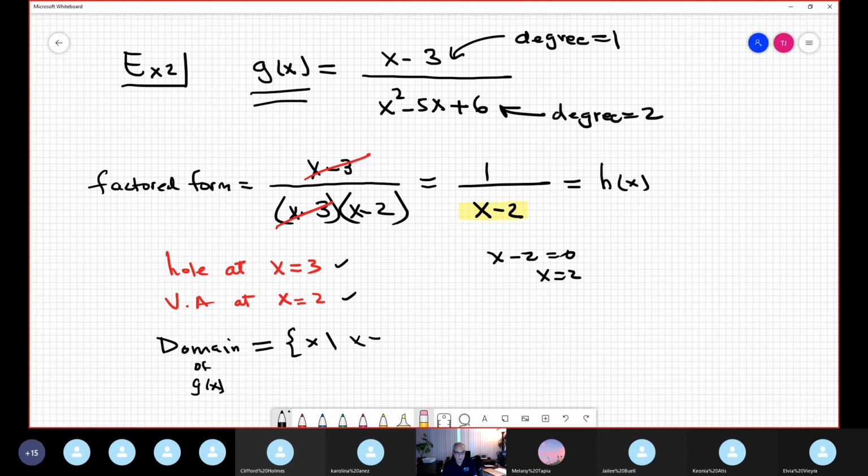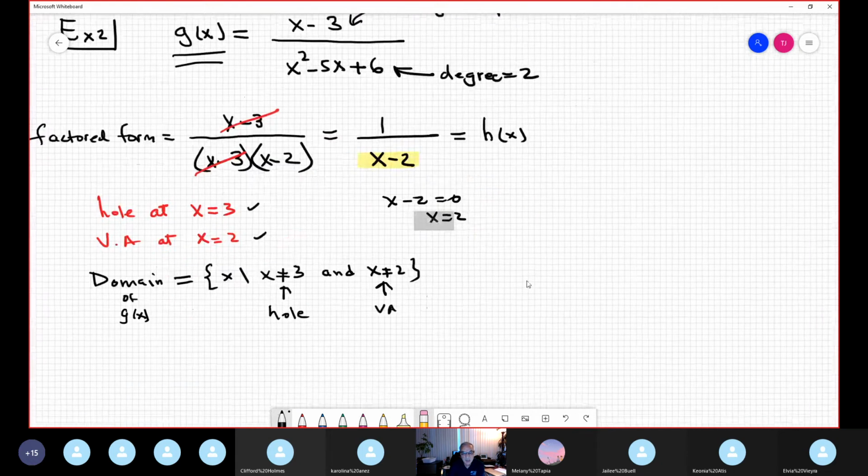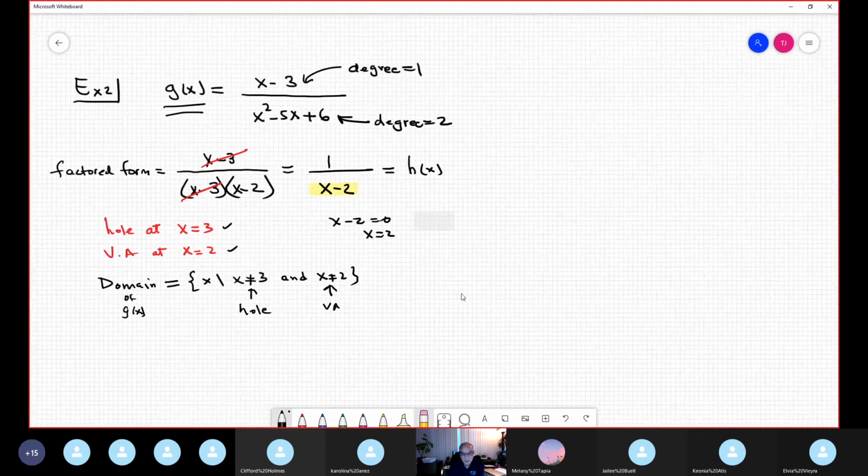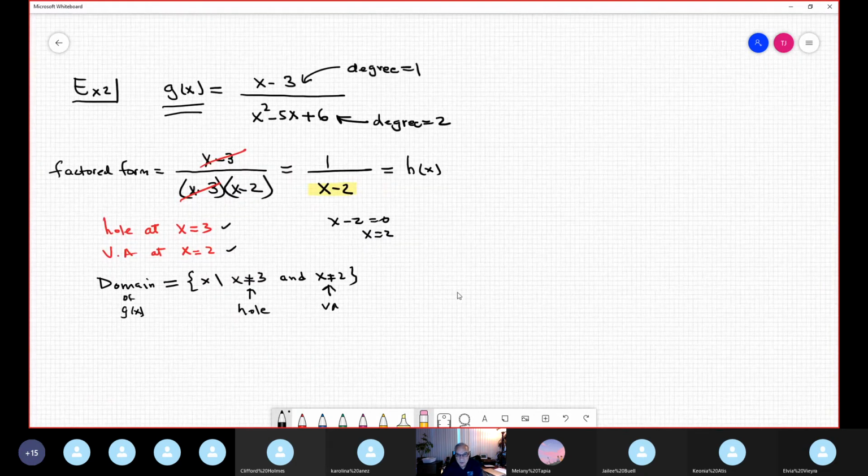Therefore, the domain is no 3 and no 2. The reason is clear. At 3 we have a hole, and at 2 we have a vertical asymptote. So let's try to do our best doing the graph of this function by hand without decimals. Let me try to do my best. Something like that.